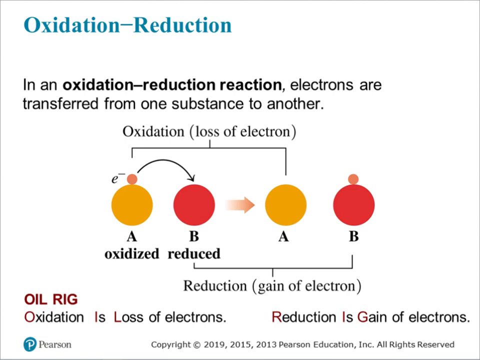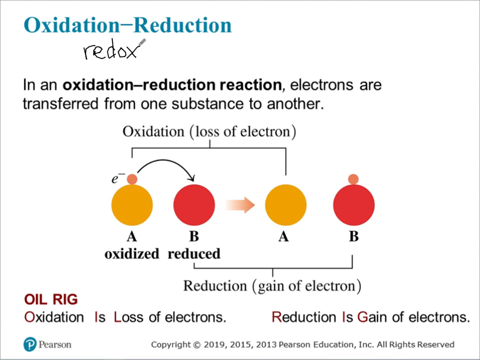When you have an oxidation-reduction reaction, which I will probably for the remainder of the video call redox reactions, because that's a lot easier to say, it's a shorthand for oxidation reduction. In a redox reaction, you're transferring electrons from one substance to another.